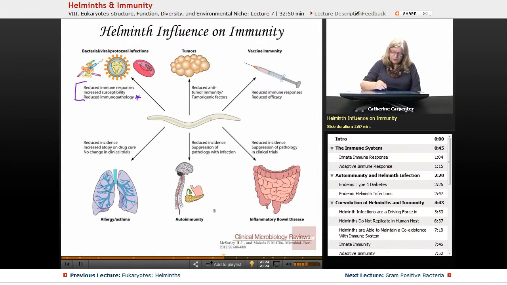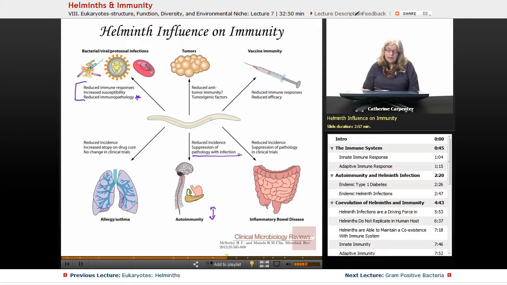In terms of autoimmune diseases, as we discussed, type 1 diabetes, arthritis, asthma, there is a reduced incidence, a suppression of pathology with infection, and I failed to mention the thyroid. Some of the thyroid diseases are autoimmune as well.